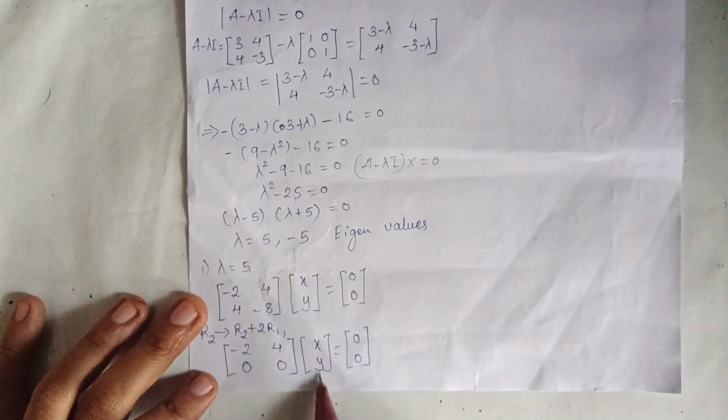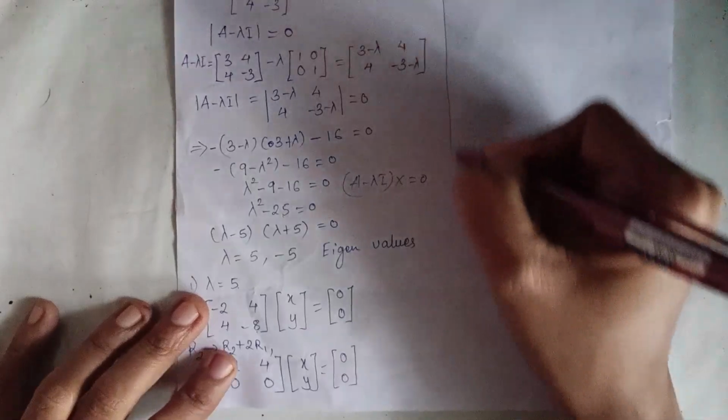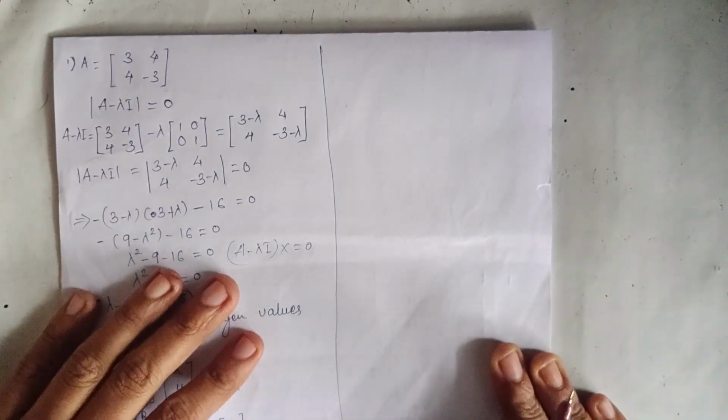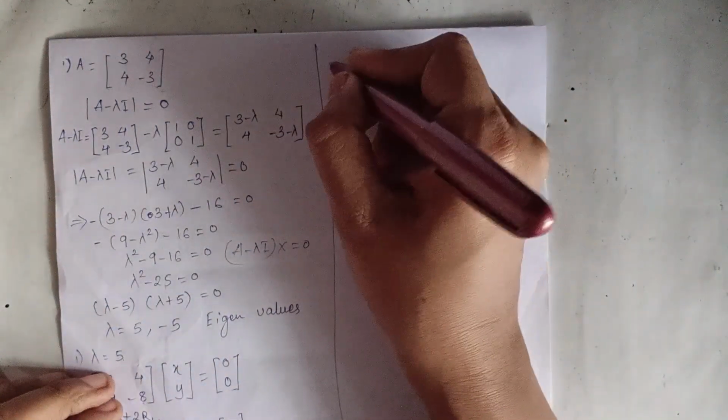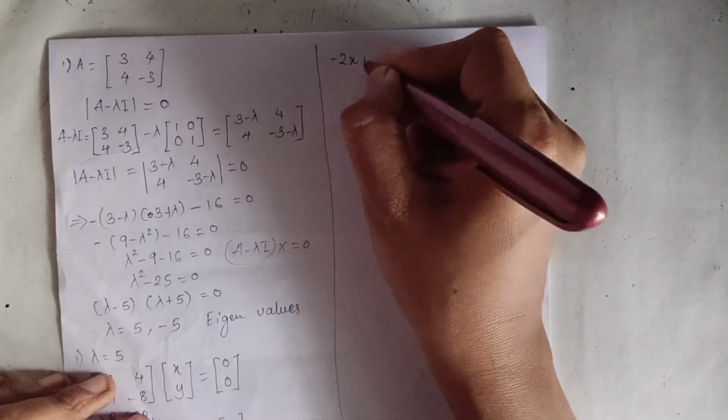Okay, so multiplying, you will get the equation as minus 2x plus 4y equal to 0.